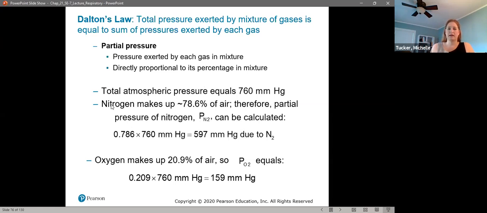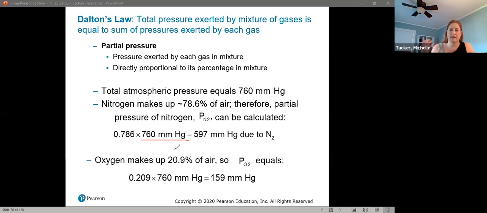In order to calculate partial pressure, you need to know the atmospheric pressure, 760 millimeters of mercury, and then what percentage is present in the air or in the alveoli or in the capillary, wherever you're measuring it.